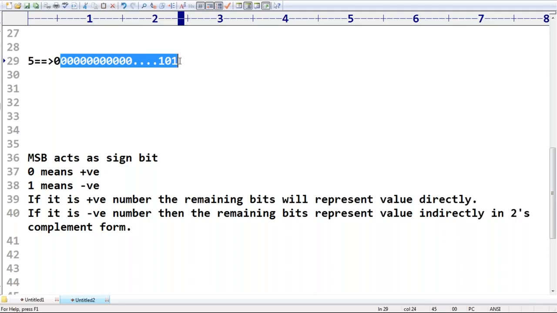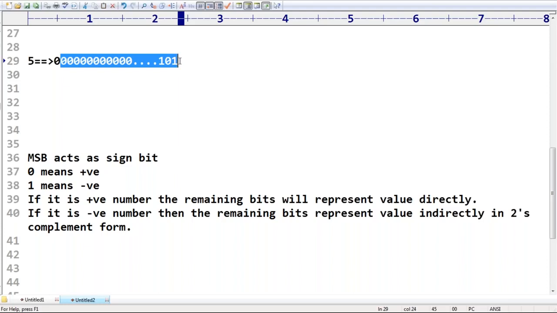Somewhere in our childhood, Boolean algebra, digital logic design, you may have heard. Sir, how can you find 2's complement? First, we have to find 1's complement and then add 1. How can you find 1's complement? Interchange zeros and ones. If you interchange zeros and ones, we will get 1's complement.